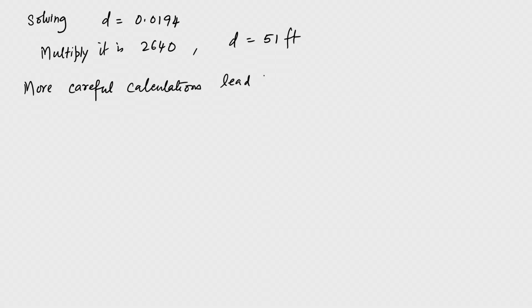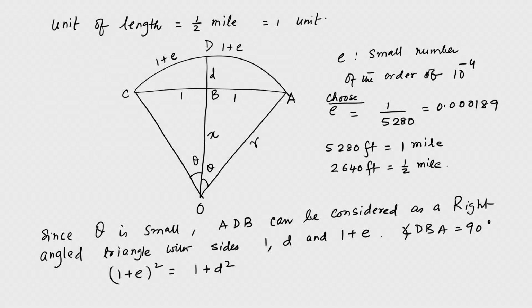lead to, if you refer to the figure, then it is 1 plus x squared equal to r squared. Remember that this is 1 and this is x. So, the right angle is at ABO.